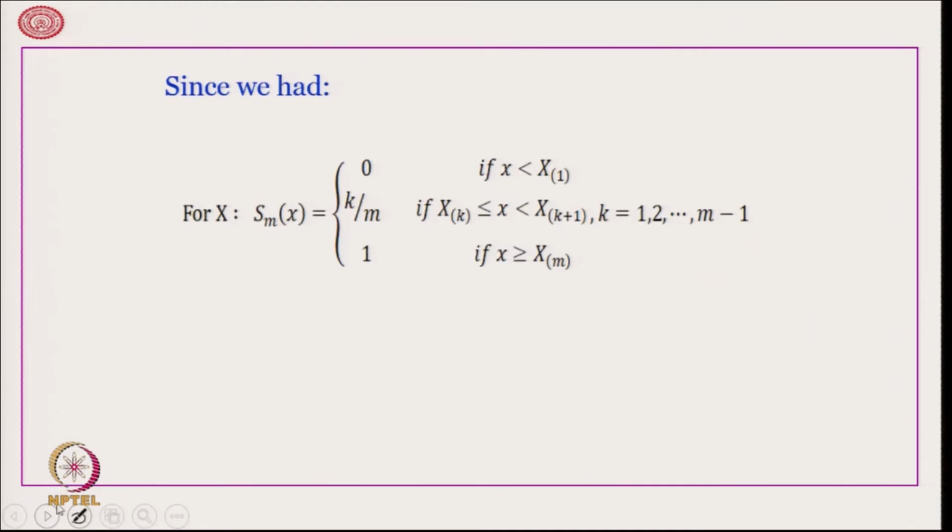Why is this happening? This is because of the definition that we have already seen, that S m x is 0 if x is less than the first order statistic, it is k by m if x is between the kth and k plus 1th order statistic, where this is a strict inequality, and it is 1 if x is greater than or equal to x m.